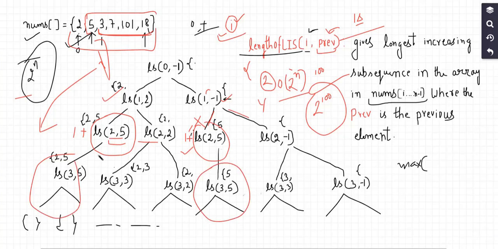Hence we can memoize it. Memoization means once the result for a particular function call is evaluated, we store it somewhere so that when we require the result again, all we have to do is return the result right from there, so that unnecessary computations are not performed. So this is the idea of memoization.